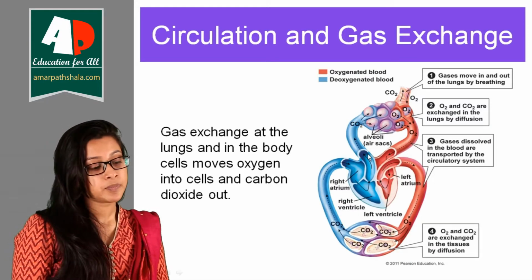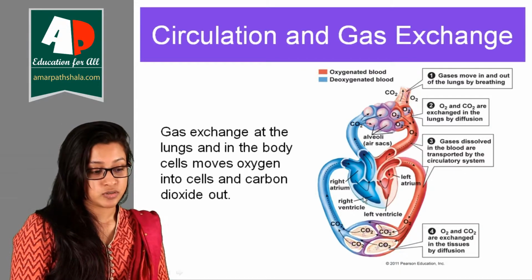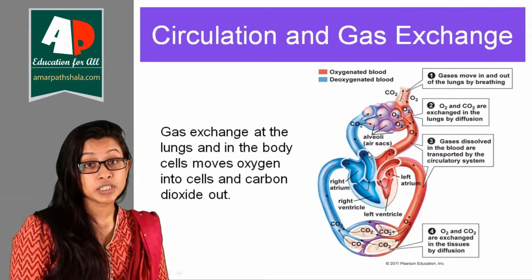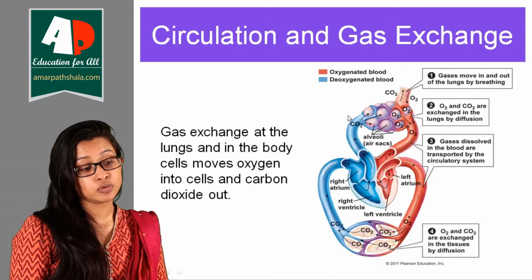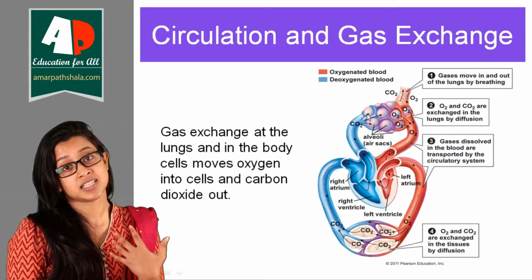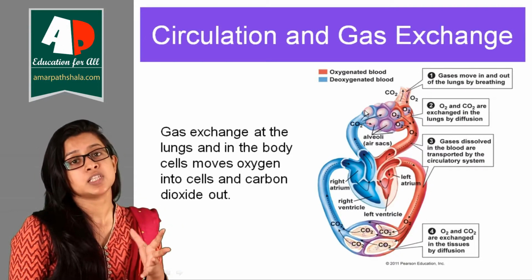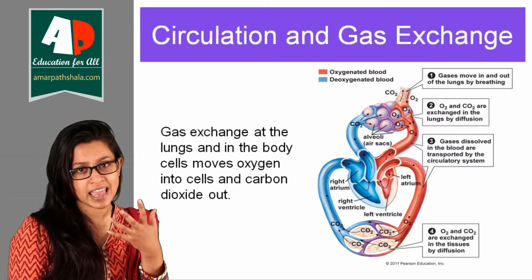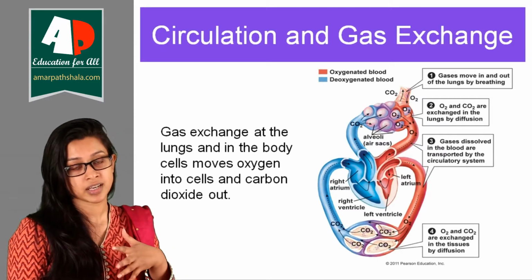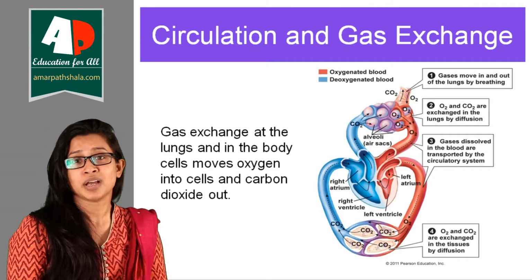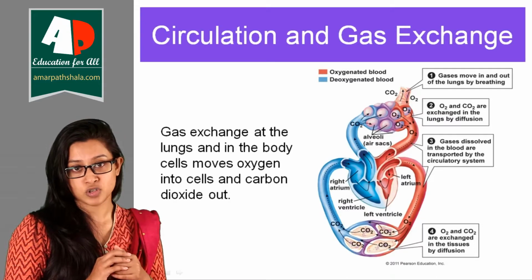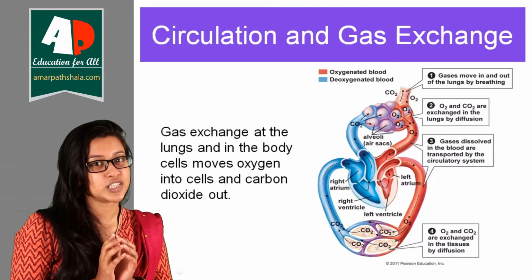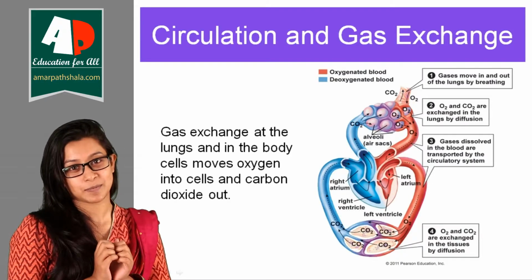In the right atrium, the blood is then pumped into the ventricle, which is then squeezed via the pulmonary artery to the lungs, where gas exchange happens again. And this process is happening so many times each and every second that we live that we don't even pay attention. But even if some of it stopped or some of it was hampered, we would probably die, which is pretty scary if you think about it.